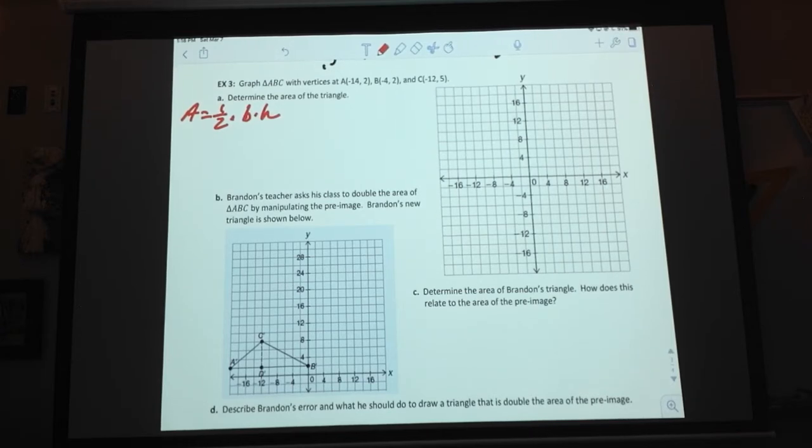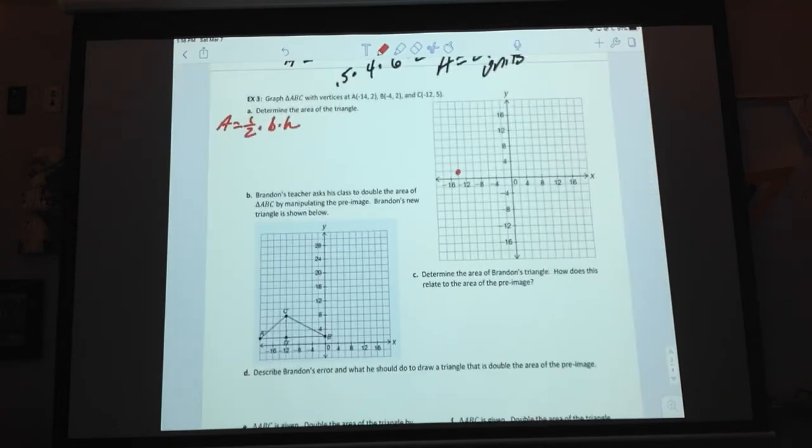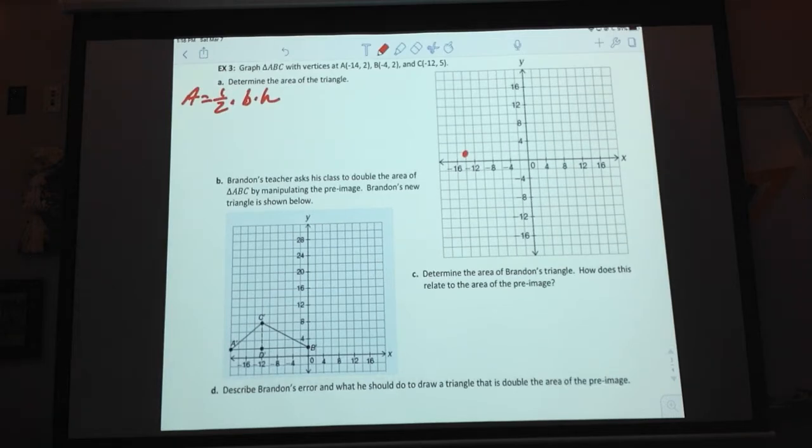So let's graph this. -14, 2 goes right there. Now, B is at -4, 2. Oh, that's nice. That's an A, and that's a B. And C is at -12, 5.